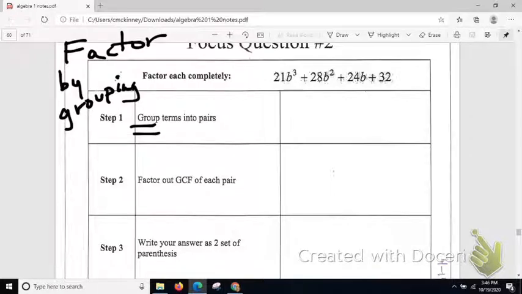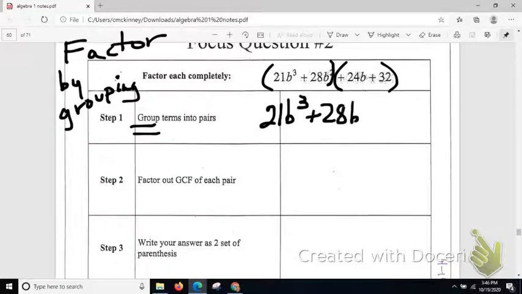So we're going to start out by grouping them into pairs. And normally I just kind of slide some parentheses in there. I will go ahead and rewrite that here just so we have it here. So that's my first group, and that's my second group.